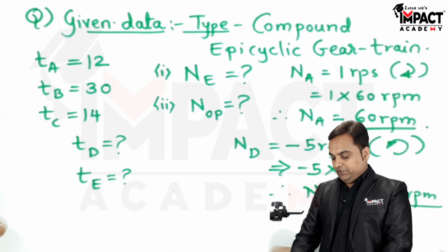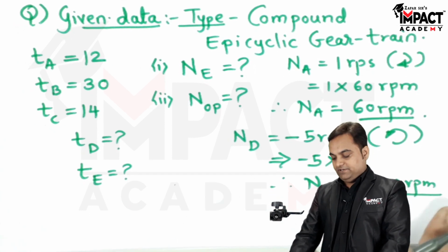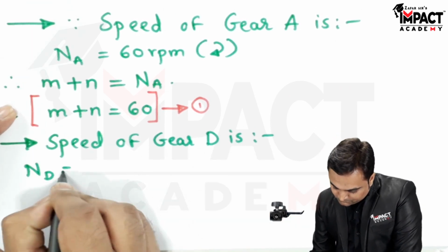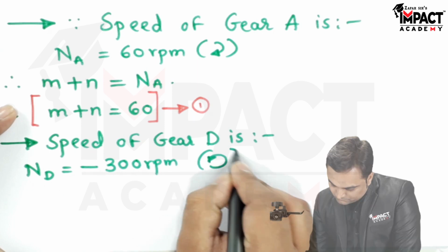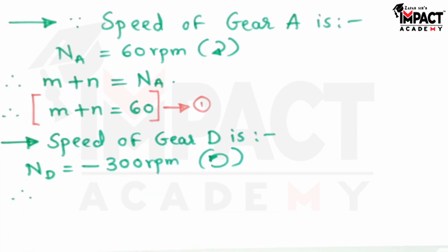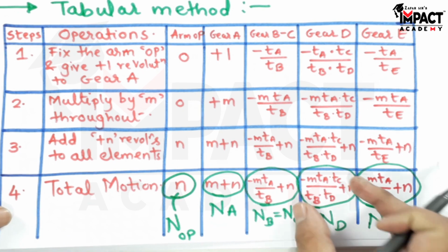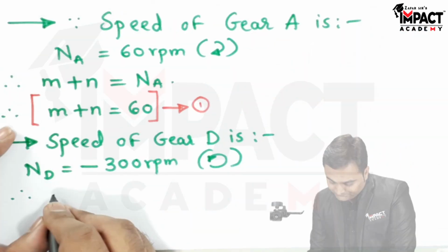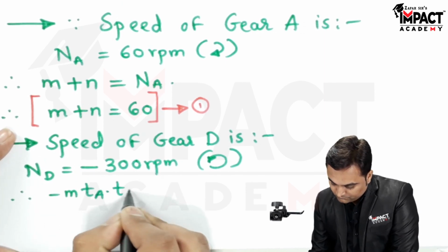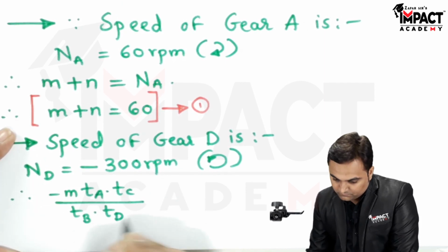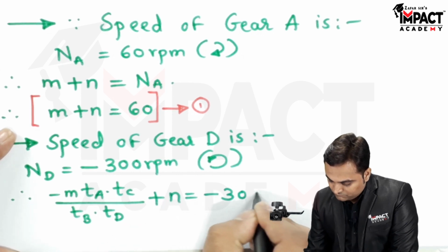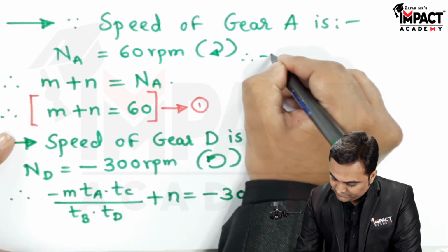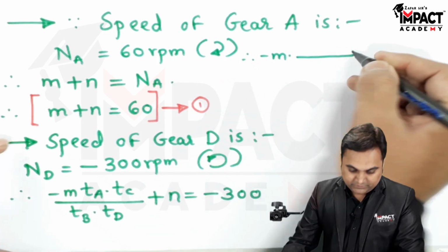The next condition which they have given is gear D rotating at minus 300 rpm, in an anti-clockwise sense. ND, I'll get it from the table. It is this velocity ratio. I'll write it here. So putting the respective values, minus m, TA into TC.